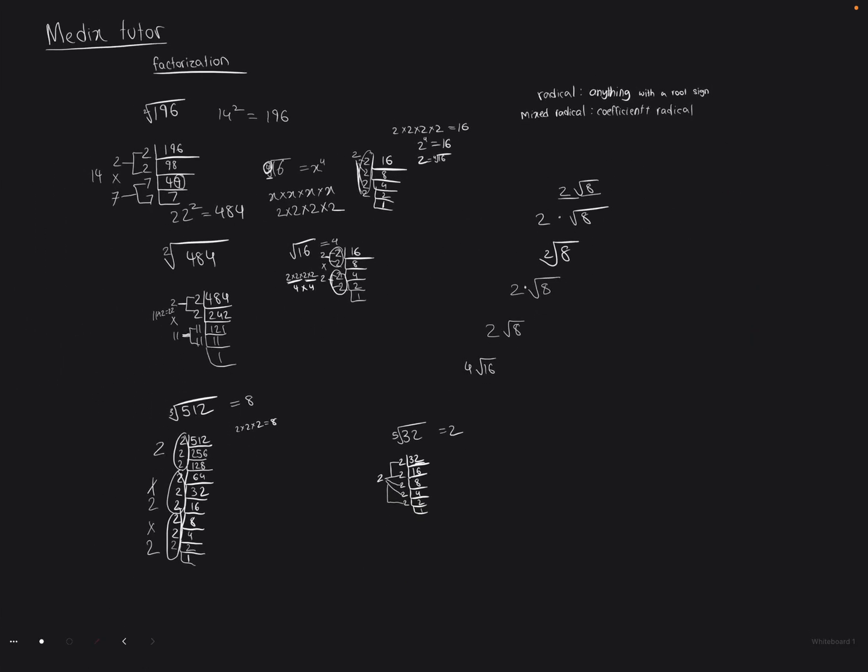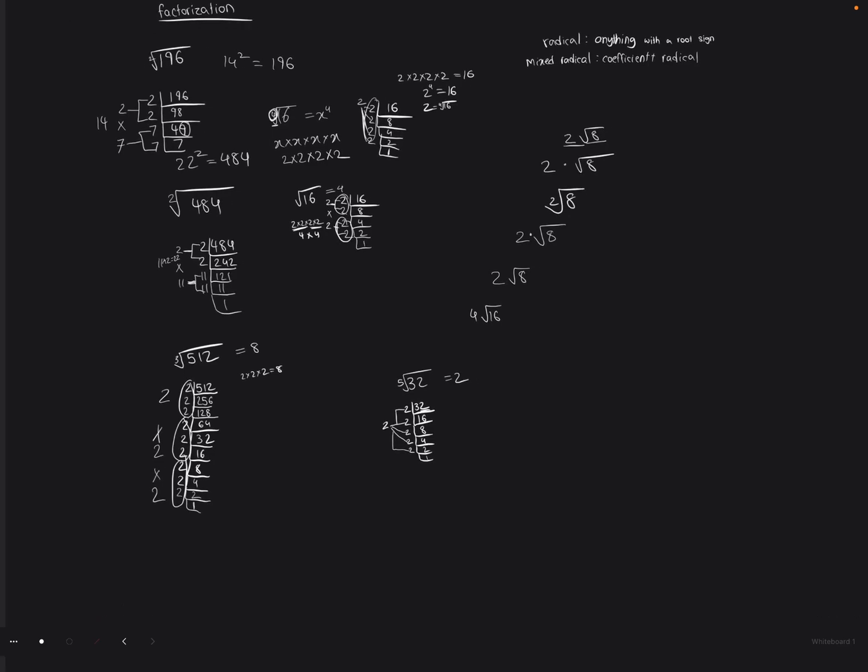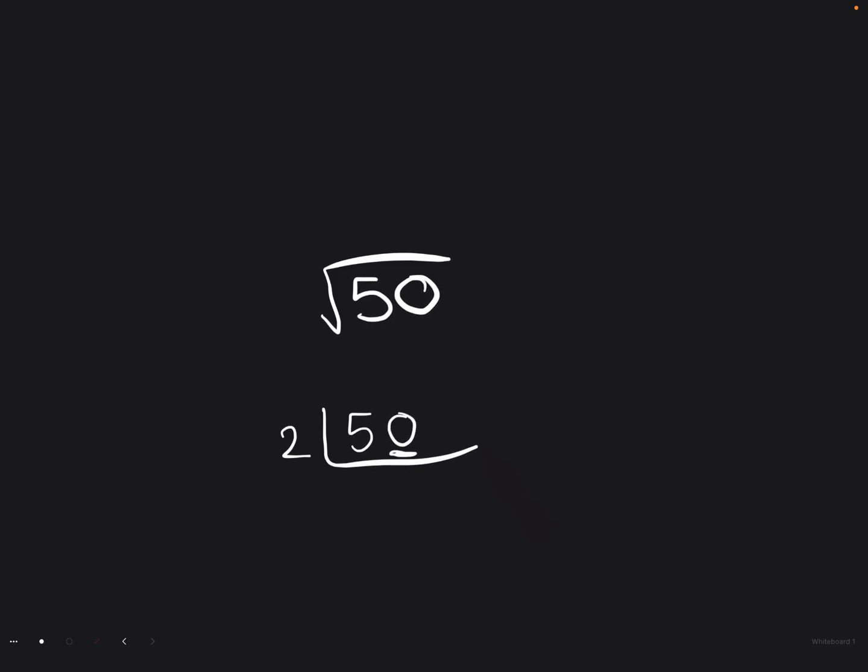So now we could try solving some questions that would give us mixed radicals. One of the questions is the square root of 50. You guys can try solving this question by yourself once, and we'll take over it. Alright, so to solve this question, I know it's an even number because it ends in a 0, so I'll go by 2.